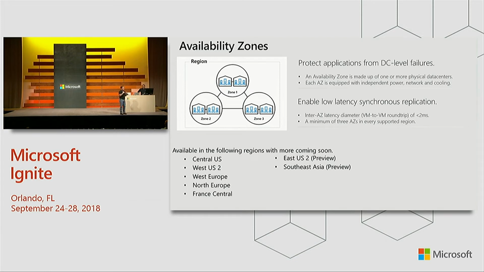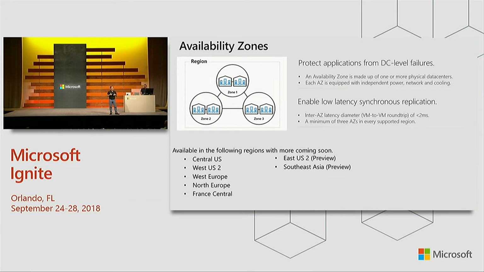All right, for you as customers, this should bring up the importance of considering availability zones. So we announced availability zones last year in preview. Now we've added more regions. But in essence, availability zones help you protect against data center level failures.